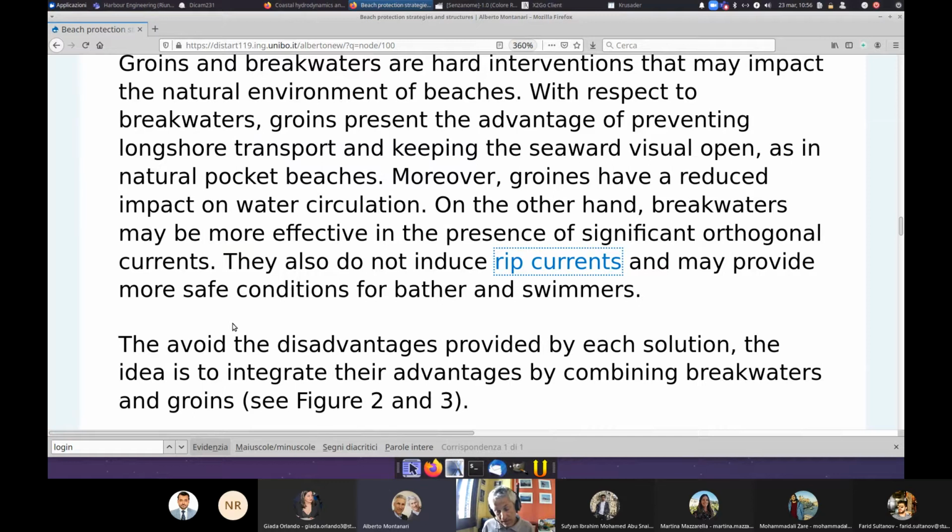So when you design a harbor, you design protections for the harbor and the beach, and of course it's impossible to keep the pristine conditions. It's a huge impact, which brings ships, maybe large ships, and brings changes in the wave hydrodynamics.